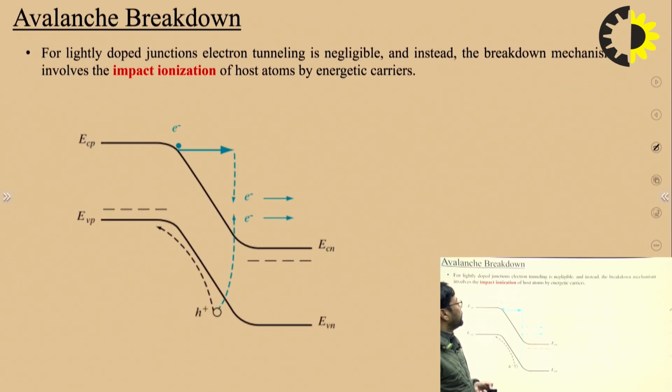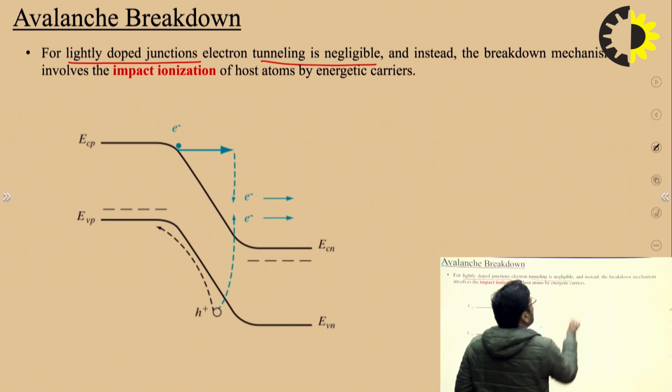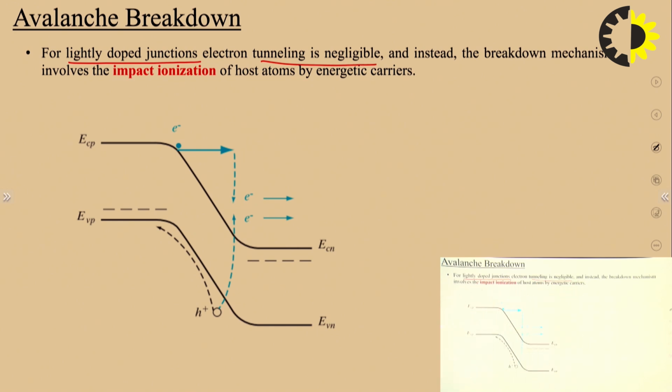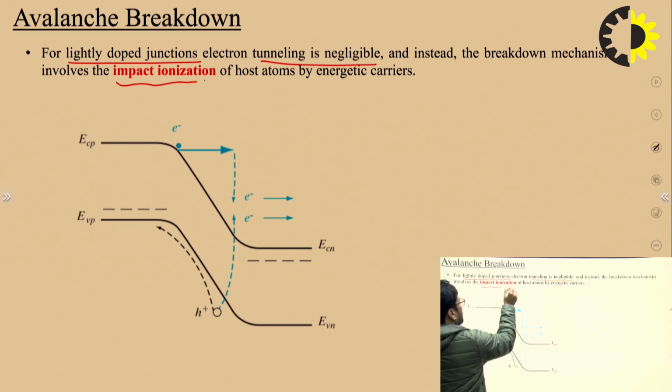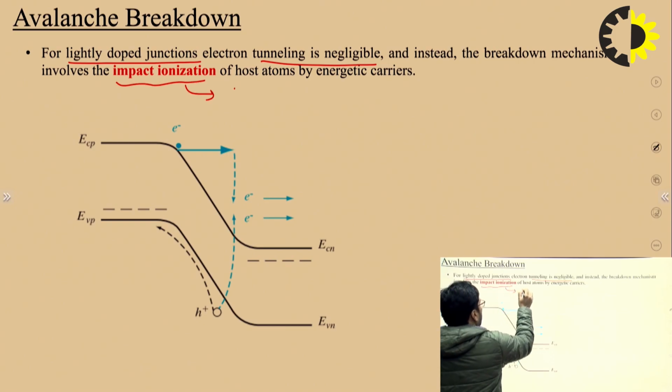The next one is the avalanche breakdown. This breakdown happens for the lightly doped junction. Tunneling is negligible, and the breakdown mechanism involves impact ionization, also called carrier multiplication.